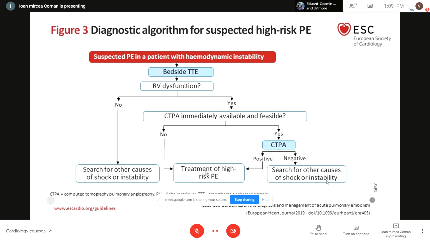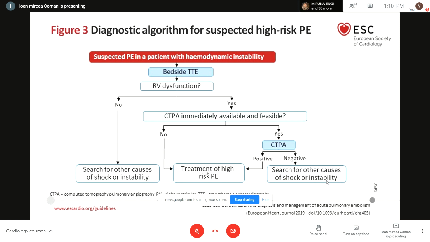If the right ventricle has a normal function and the pressures are normal, then we should try for other sources if the patient is unstable, as I told you at the beginning, searching for other causes of shock and instability. But if the right ventricle is dysfunctional, then we should immediately check for a CT.